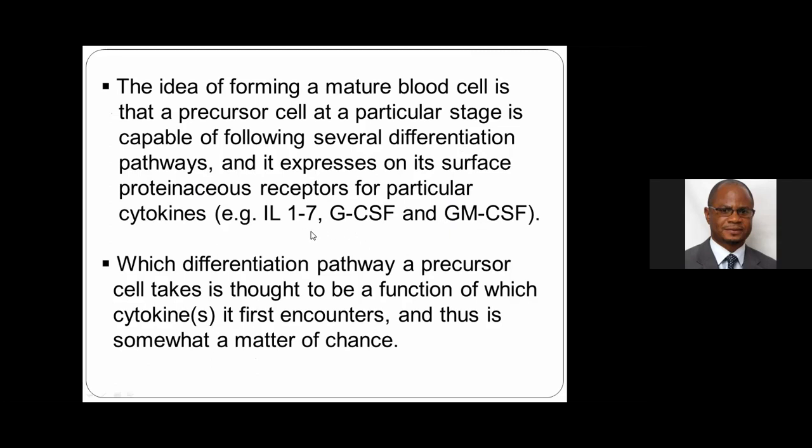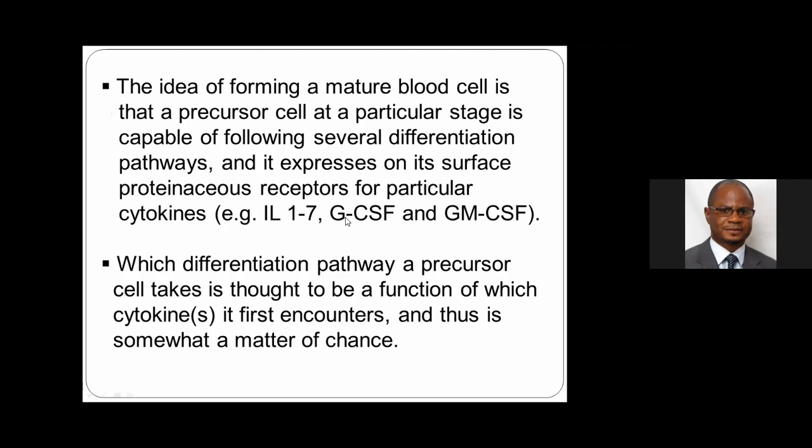So for a cell to change into a granulocyte, if the young cell encounters GCSF or GMCSF, then if it's GMCSF, it can be a granulocyte or a monocyte. If it's GCSF, then it can only be a granulocyte.